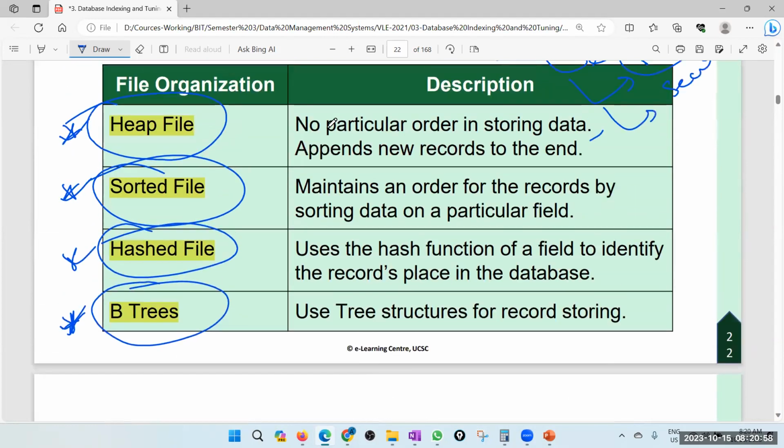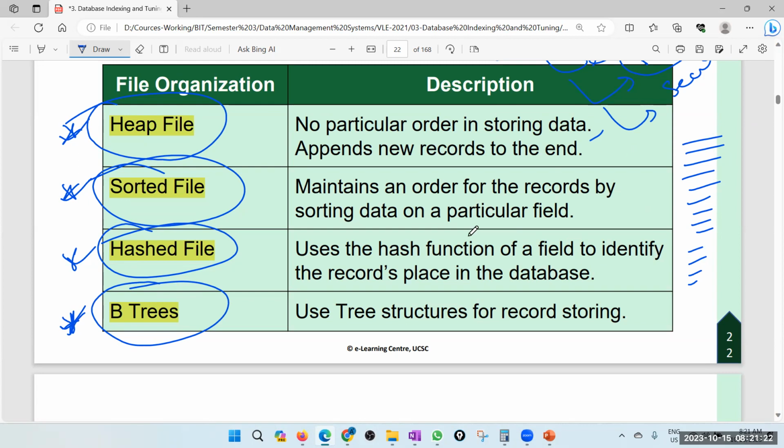In a heap file, we just enter the record at the end. When there's a new record, we just add it to the end. There's no sorting order, nothing. We just keep adding records to the end. That is called a heap file. That is the simplest possible file, but the biggest disadvantage is that there's no sorting order.